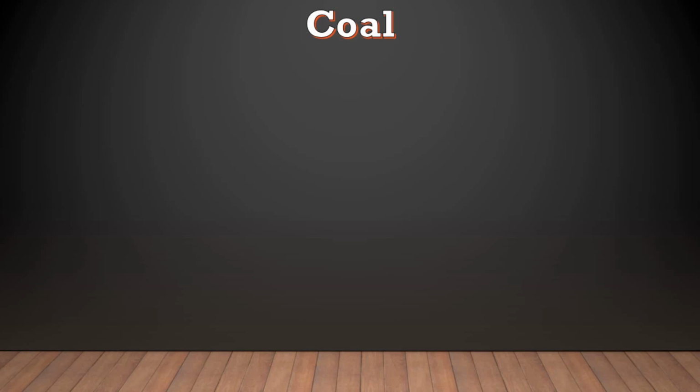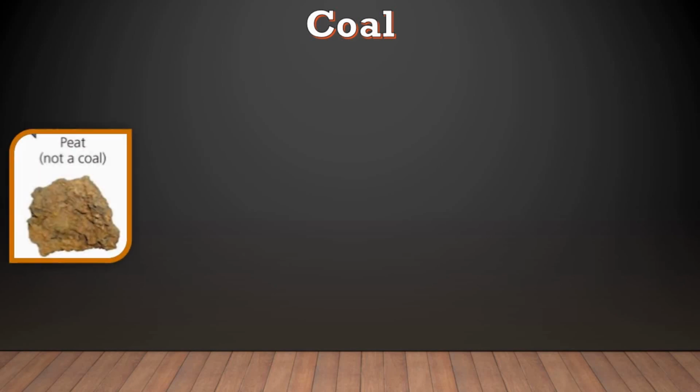Formation of peat is the first step in the formation of coal. It contains a high proportion of water and about 60% of carbon. Therefore, not much heat can be obtained from peat.